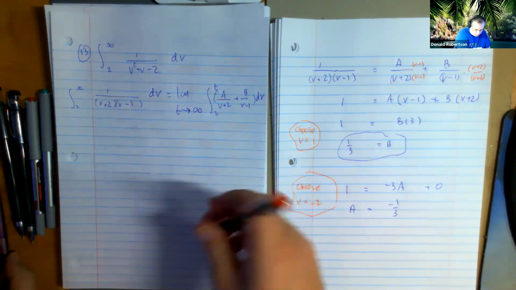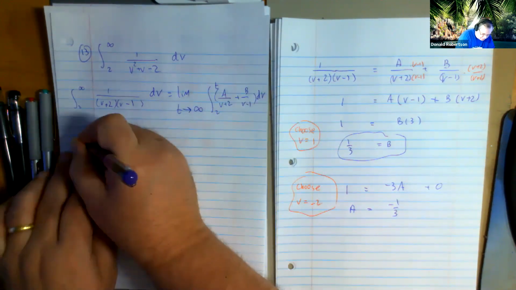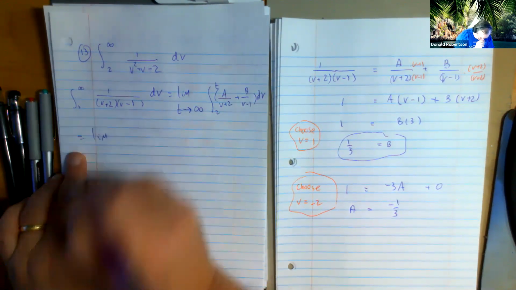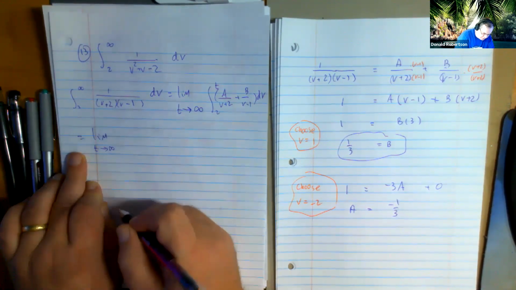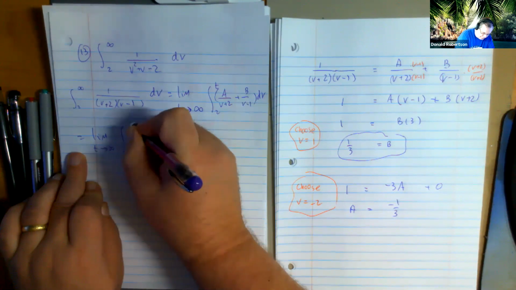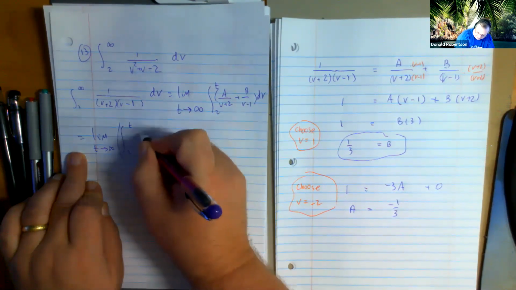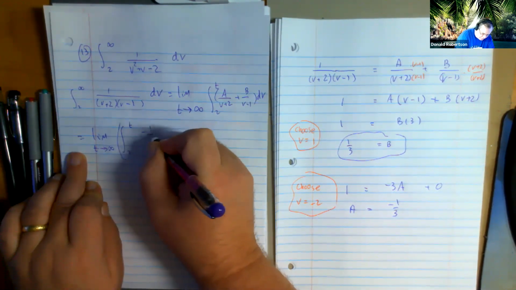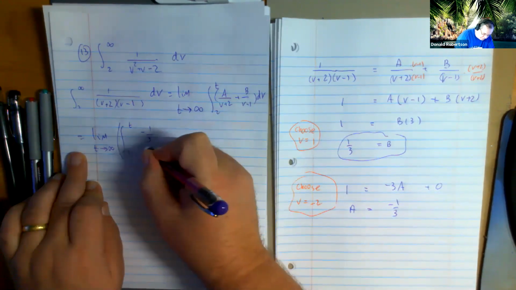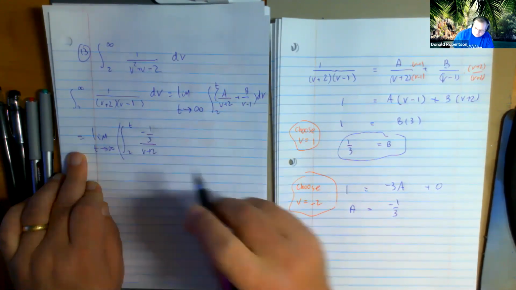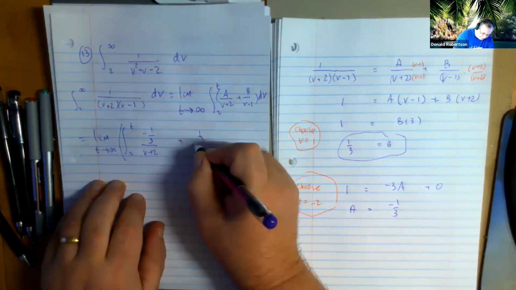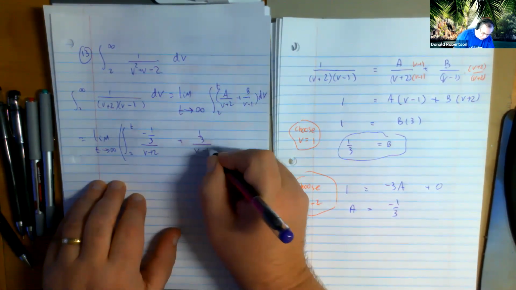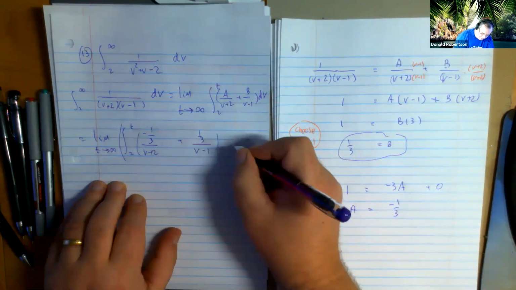So we can now return here, and it's going to be the limit as t tends to infinity of the integral from 2 to t of a, which is -1/3 over v add 2, plus 1/3 over v take away 1, dv.